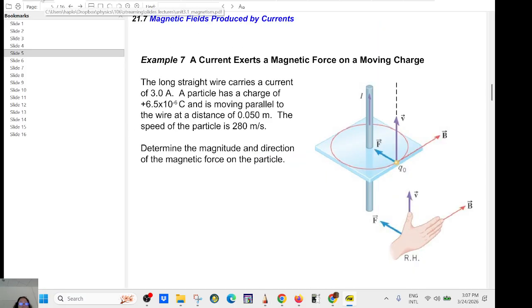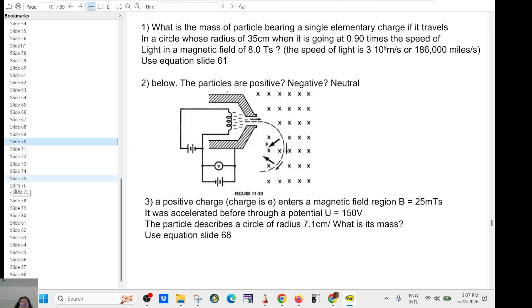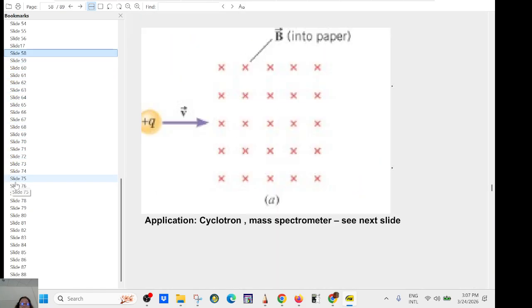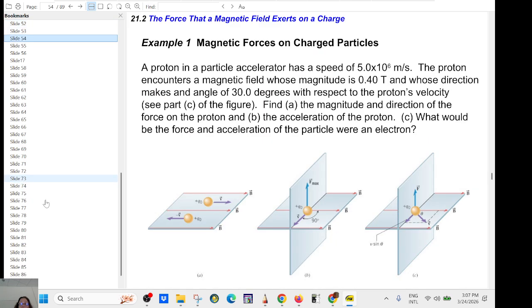So make sure to keep track of this equation. I have a very nice slide that explains it again. Okay, you see this slide here?